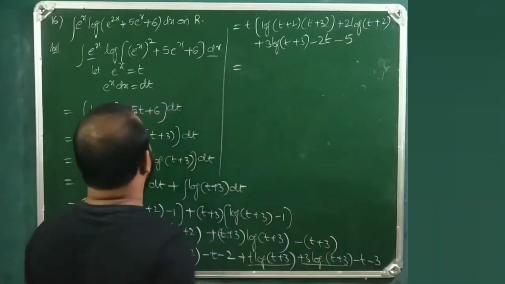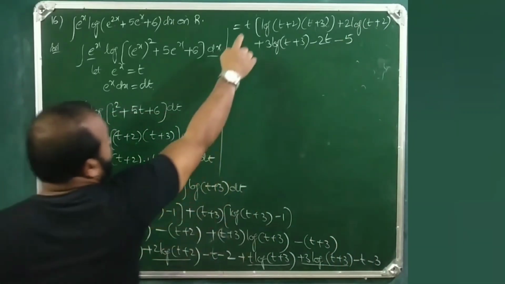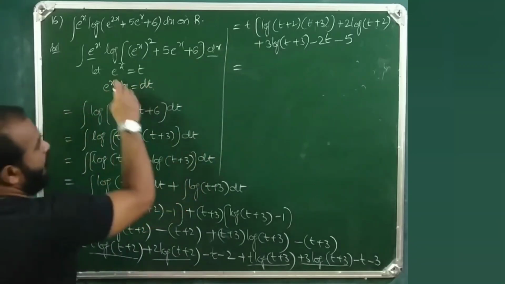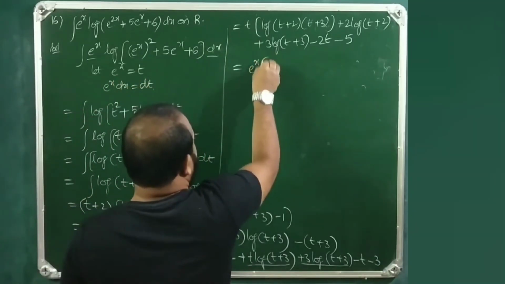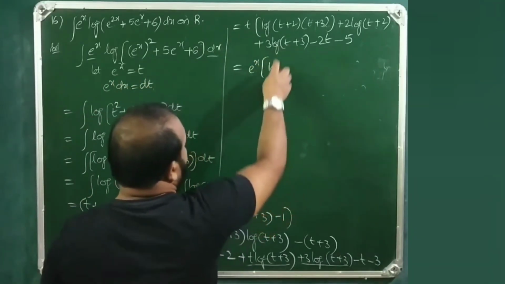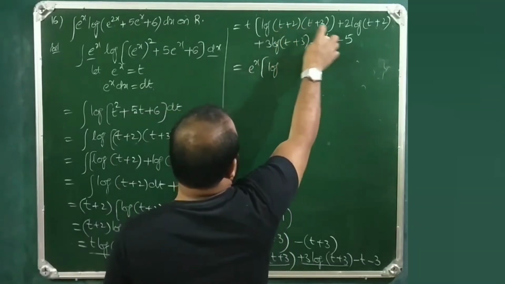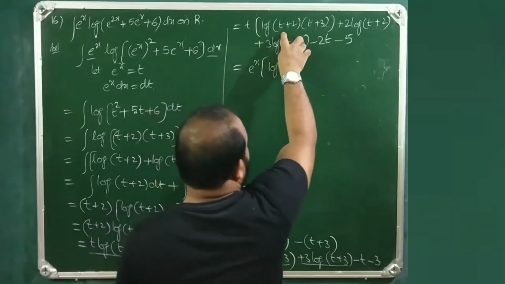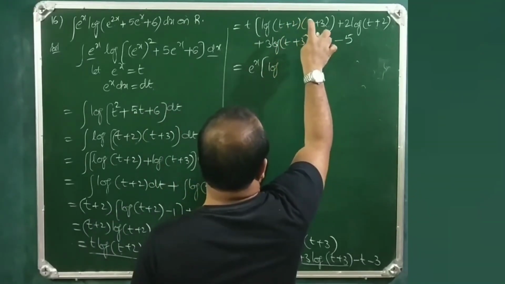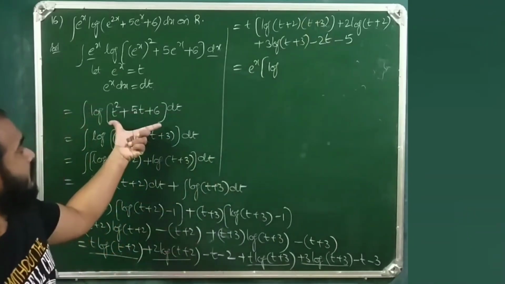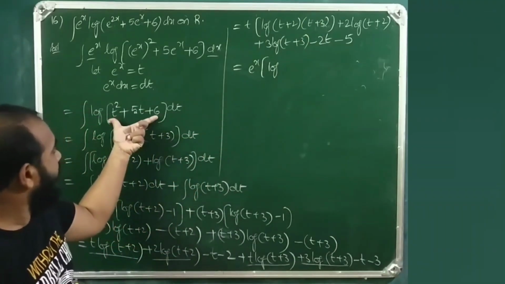So this is equal to, what is t that we have taken earlier? e power x. So this is e power x into log. So (t+2)(t+3) is t square plus 5t plus 6.